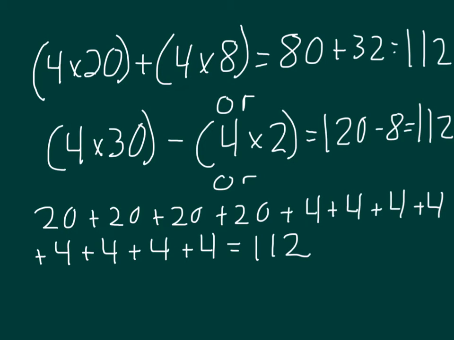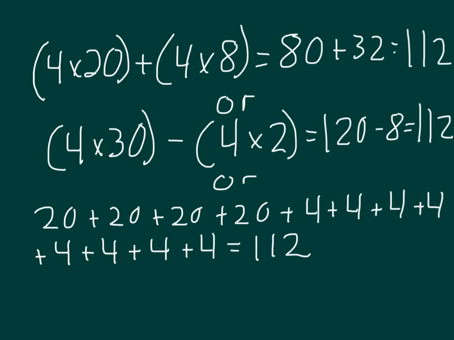There's many ways you could have solved this problem. Let's take a look at a few right here. First, you could have multiplied 4 times 20 and 4 times 8. Add those together, you would get 80 plus 32, or 112.